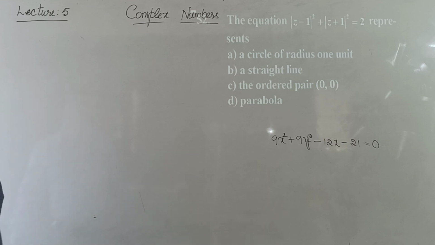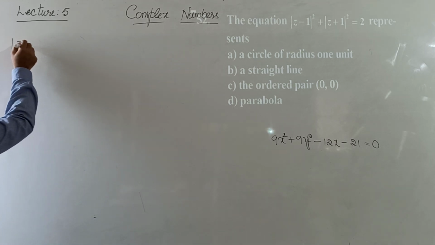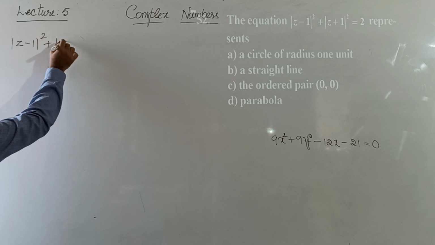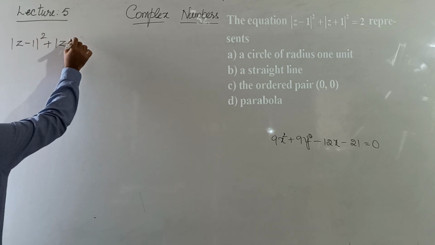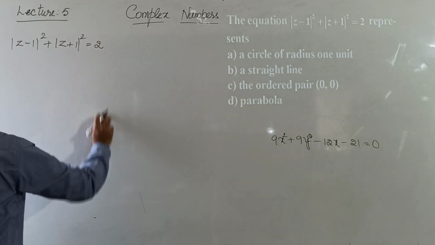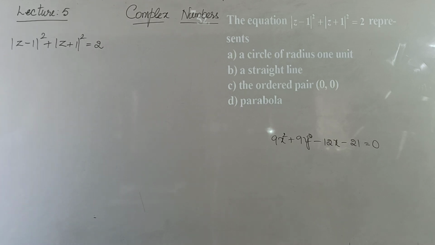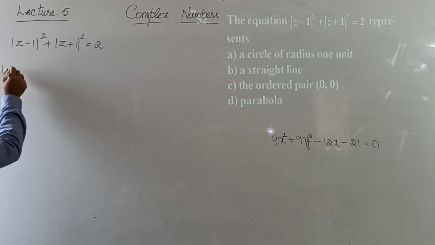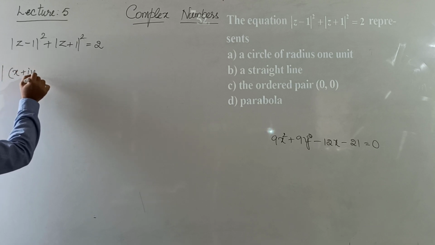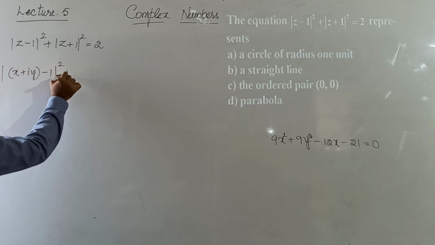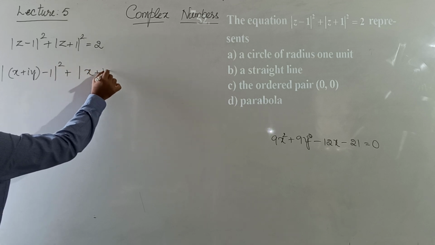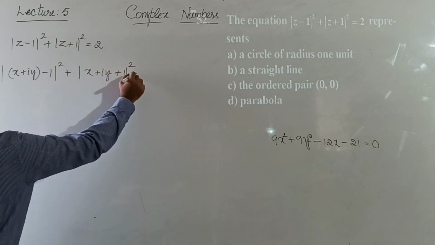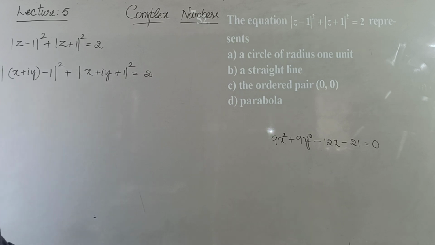The equation mod z minus 1 whole square plus mod z plus 1 whole square is equal to 2. What does this represent? Let us simplify. Mod z minus 1 whole square. Z I write as x plus iy, so x plus iy minus 1 whole square plus x plus iy plus 1 whole square is equal to 2.